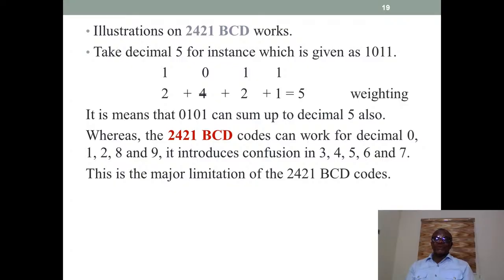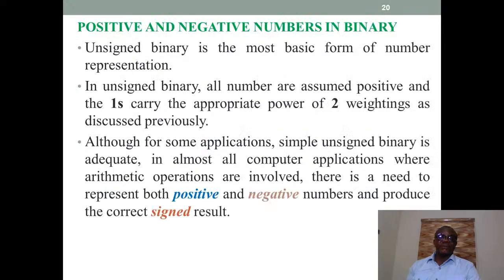And when it comes to 3, 4, 5, 6, and 7, it introduces some confusion. And that forms the main limitation of this 2421 BCD code.